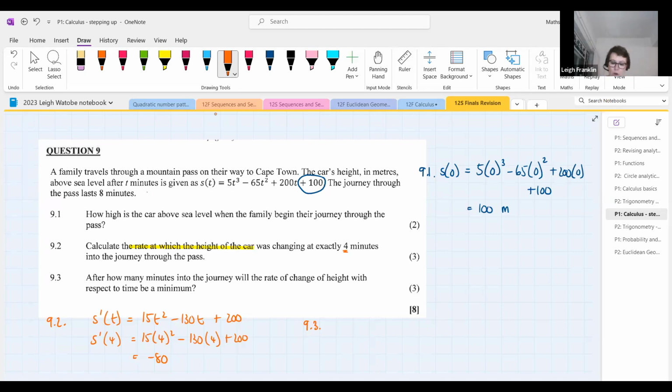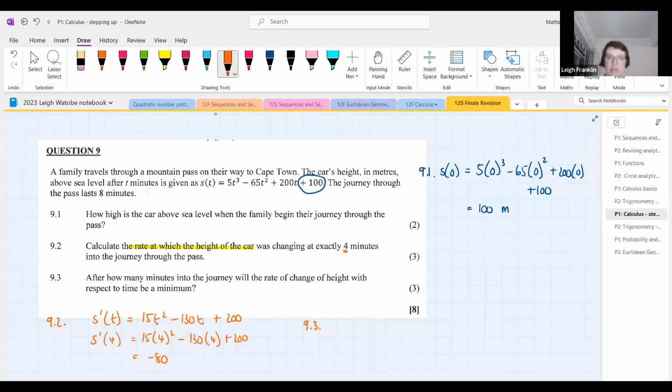For example, if s of t is distance, your first derivative is speed, because speed tells us how distance is changing with respect to time. Your second derivative tells you how your first derivative is changing with respect to time. So acceleration is the change in speed with respect to time. Does that make sense to you now?